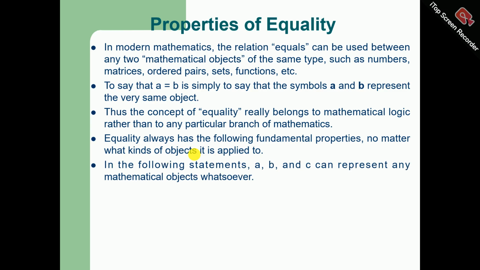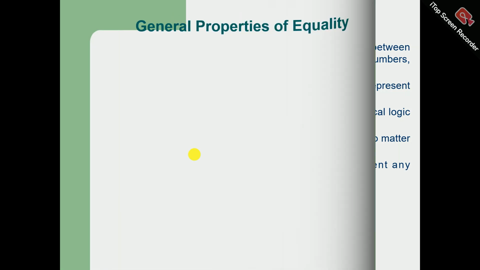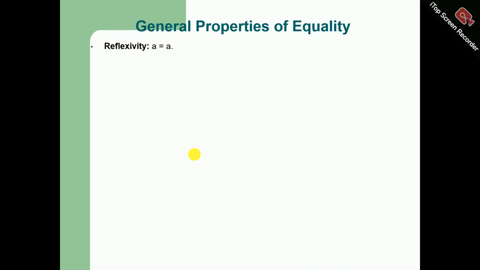In the following statements, A, B, and C can represent any mathematical objects whatsoever. However, in our applications, they will usually be real numbers. So, let us start with the general properties of equality.